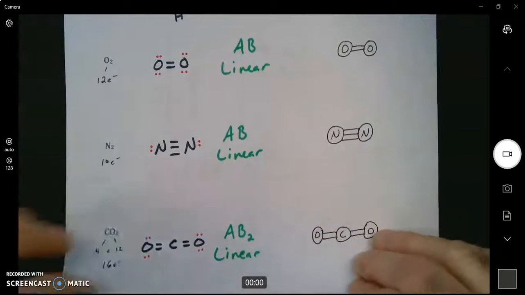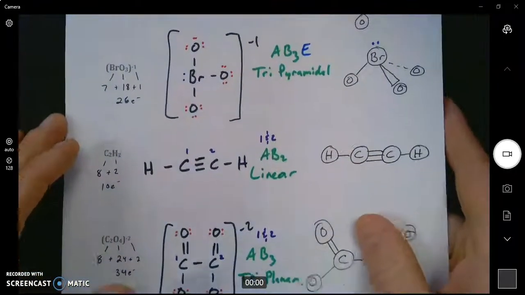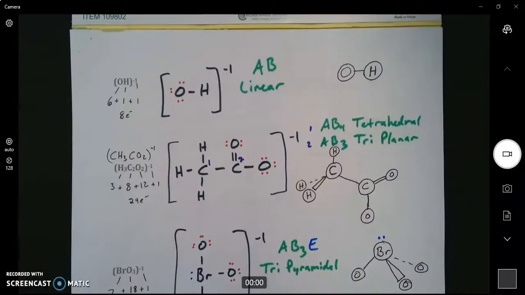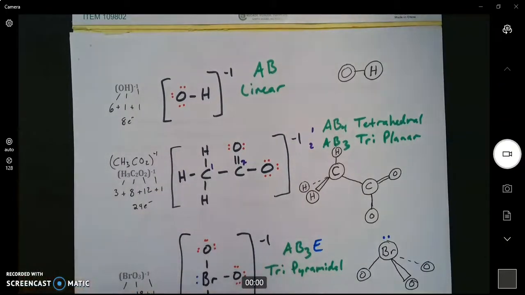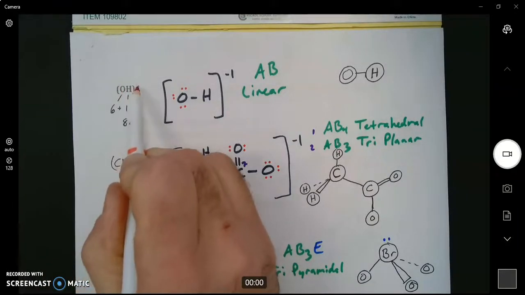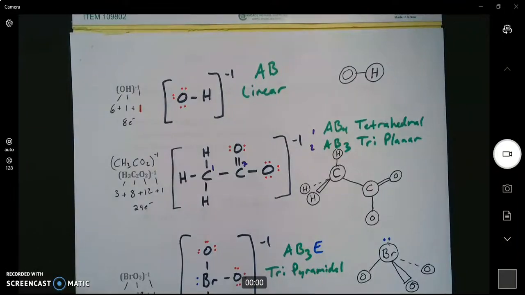Now, last page here had the polyatomic ions. The thing to remember with your polyatomic ions is what the charge does to the number of electrons. Okay? So if we look at hydroxide, OH minus 1, the -1 adds 1 electron.